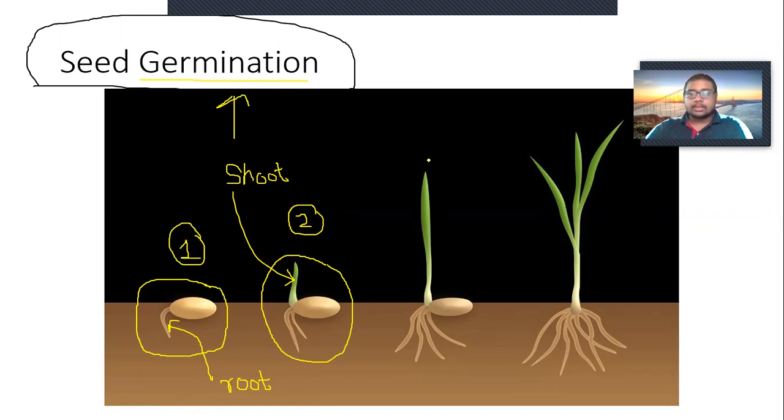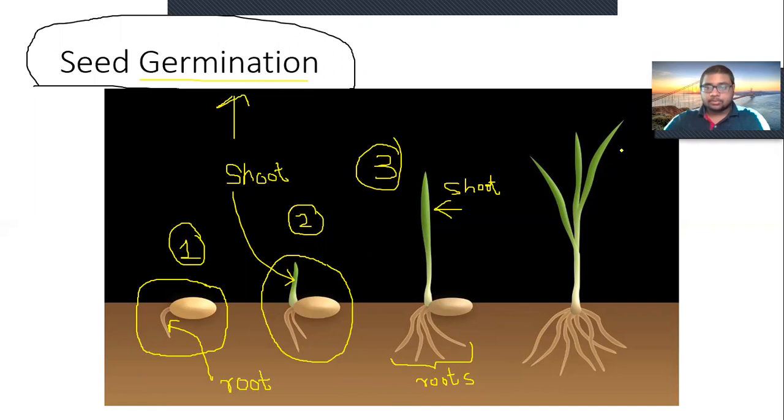In the third step of germination, roots grow more widely. These are roots, and this is our shoot. And in the fourth step, it develops into the whole plant.